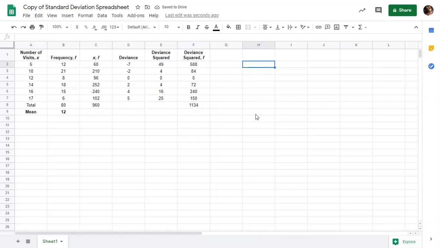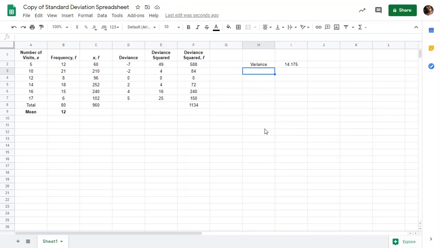So our variance is going to be 1,134 divided by our 80 students. So equals 1134 divided by 80. So our variance is 14.175, and now we are almost there.